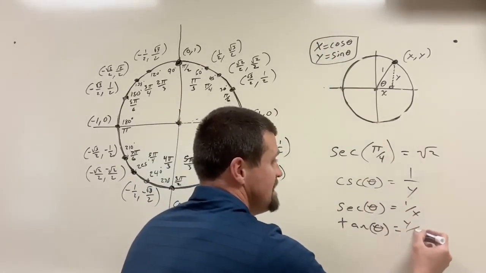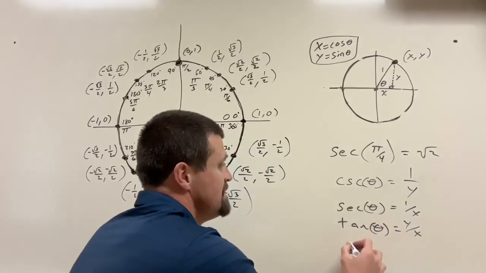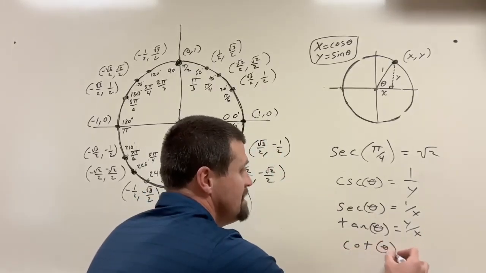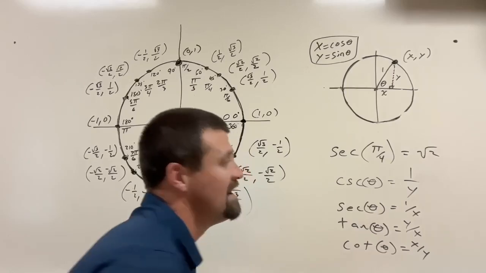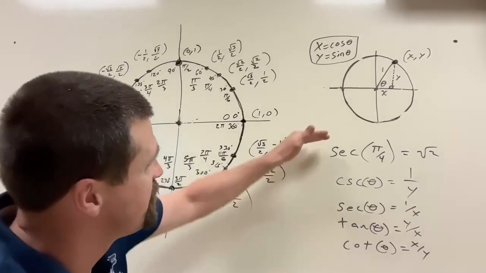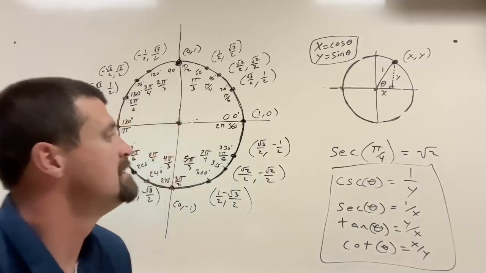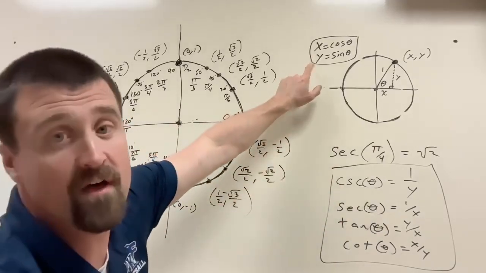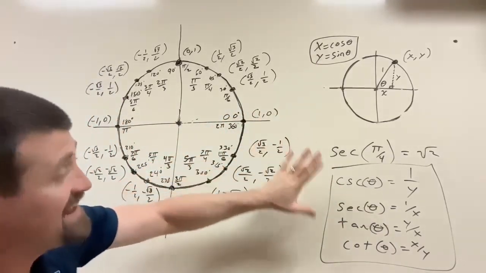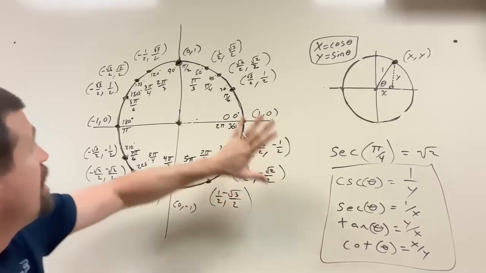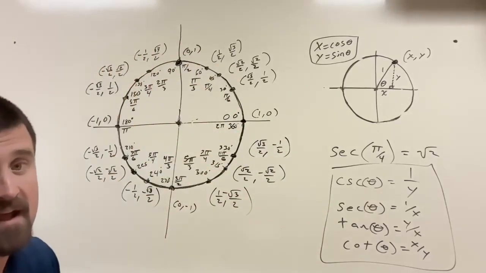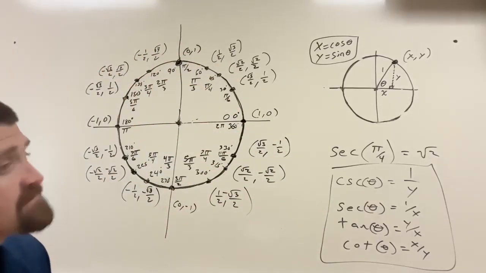That's a quotient identity, so it's going to be y over x. And then the cotangent of theta is equal to x over y. Okay, so you can use these 4 equations to pair with those 2 and be able to find any of the 6 trig functions of any of these most common angles. Okay? All right, I hope this helps.